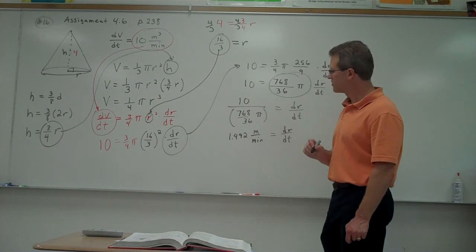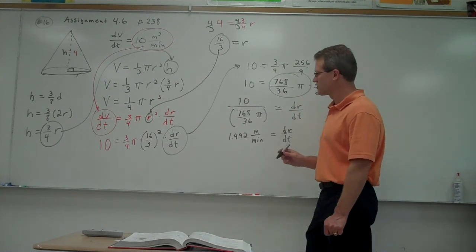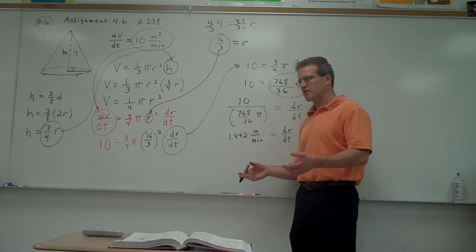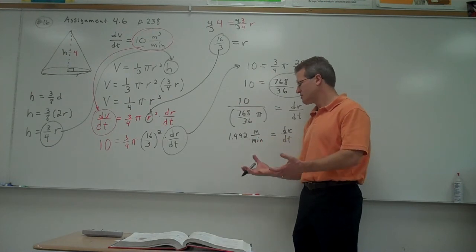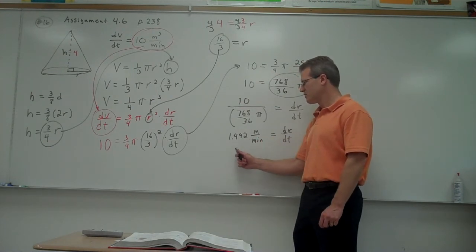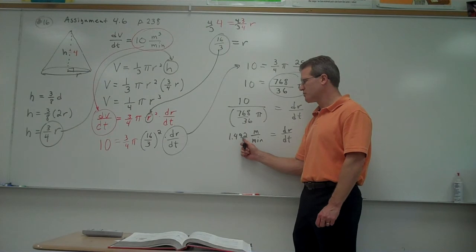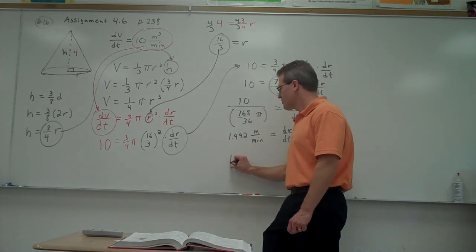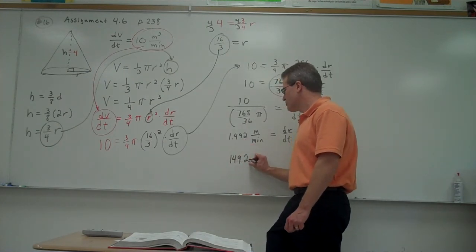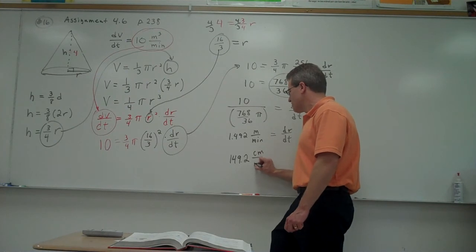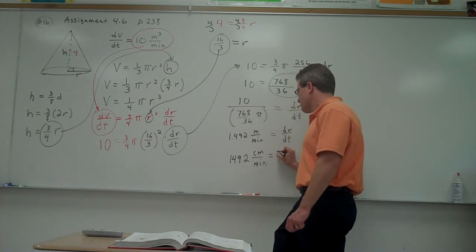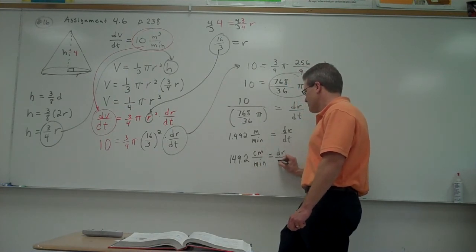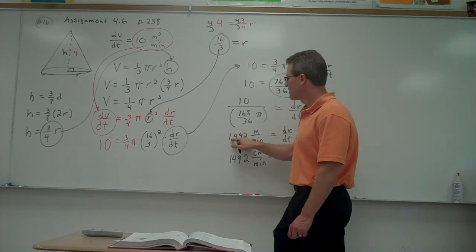But they want us to give our answer in centimeters per minute. So, you know, there's 100 cents in a dollar, 100 centuries in a year, 100 centimeters in a meter. So if I just multiply by 100, which just moves the decimal 2 to the right, I would get 149.2 centimeters per minute. It's 0.1492, that sounds better.